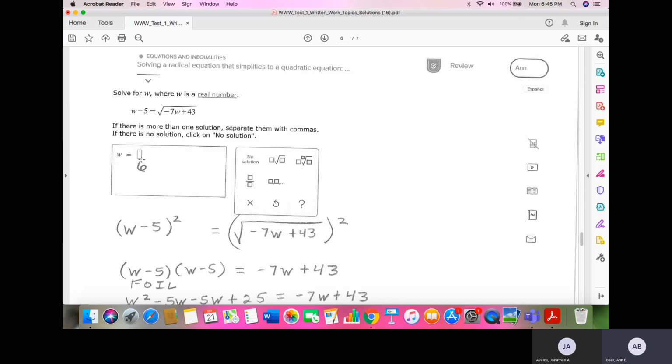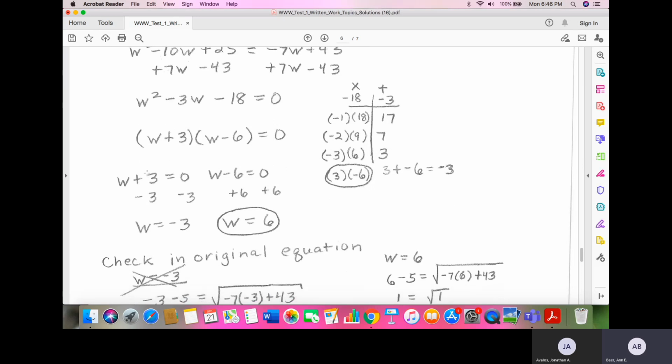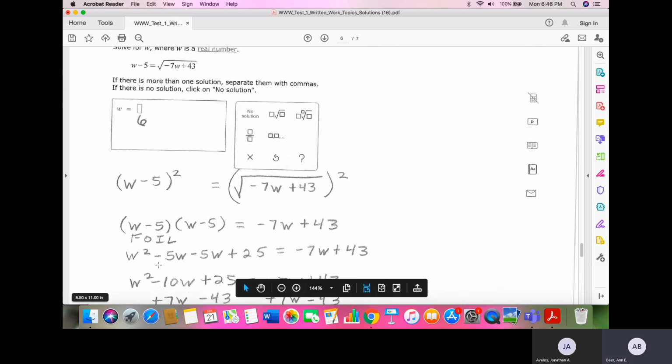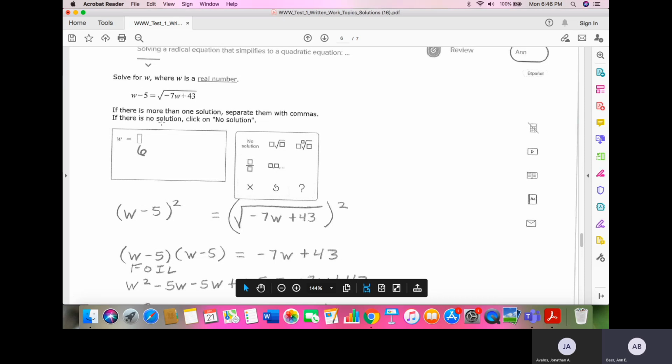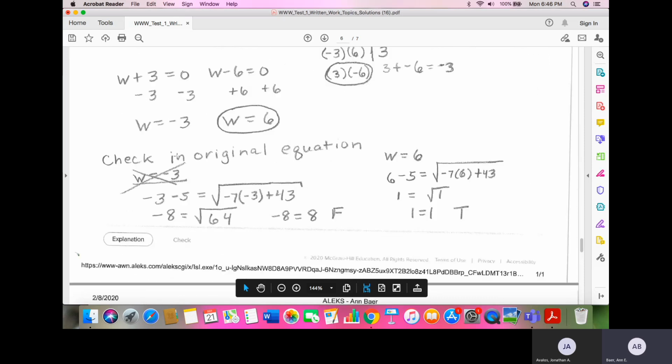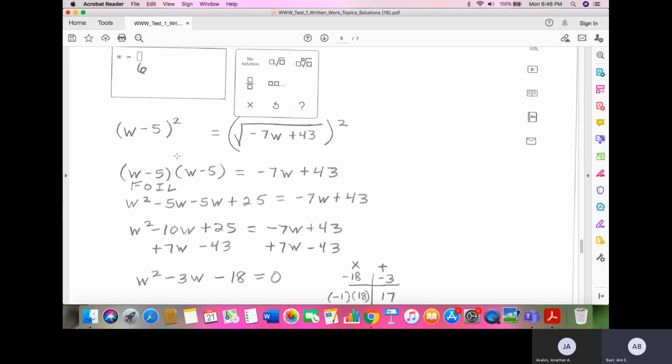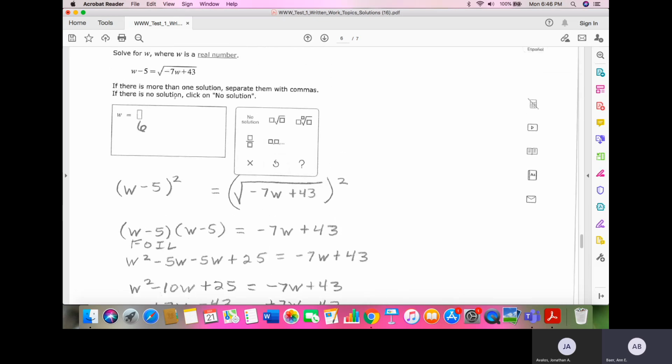So if we go back to the original equation and we put negative 3 here, we get negative 3 minus 5, which is negative 8. If we check it over here, we get negative 7 times, let me just check, negative 3. Negative 7 times negative 3 is negative 21 plus 43.